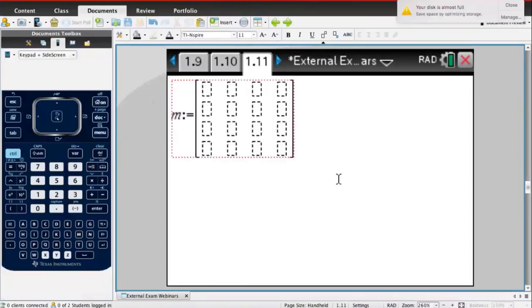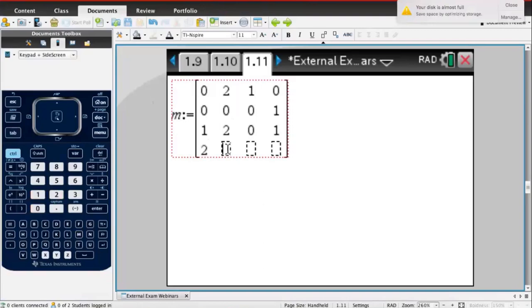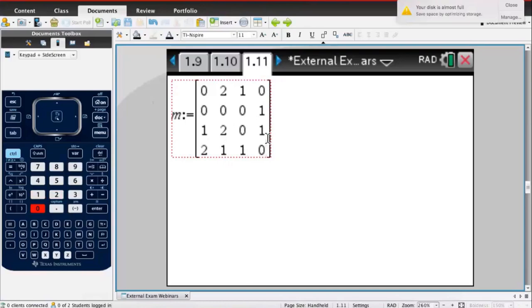So it was 0, 2, 1, 0, and then 1, and then 1, 2, 0, 1, 2, 1, 0. So just checking that that's correct. 1, 2, 0. Okay. And just hit enter.